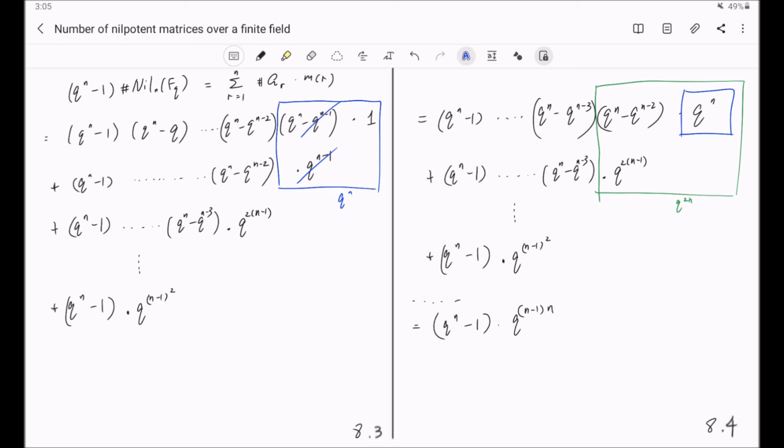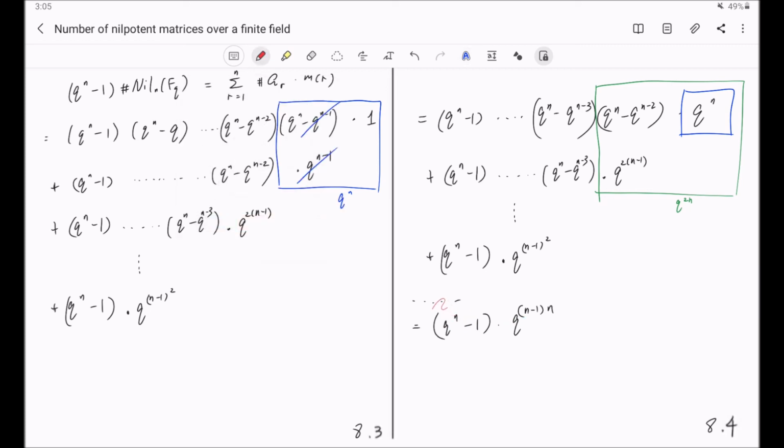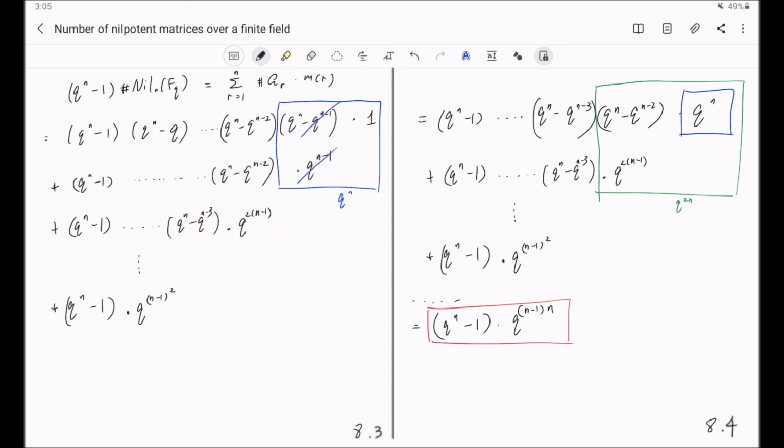And when you simplify this, it precisely gives you q raised to the power n minus 1 times q raised to the power n squared minus n.